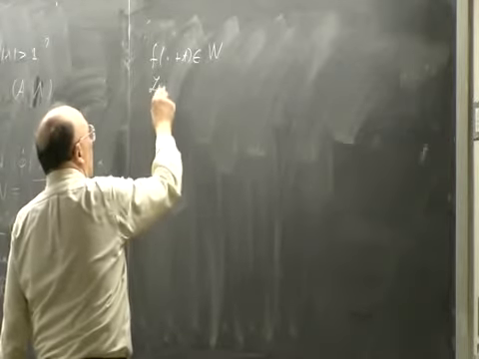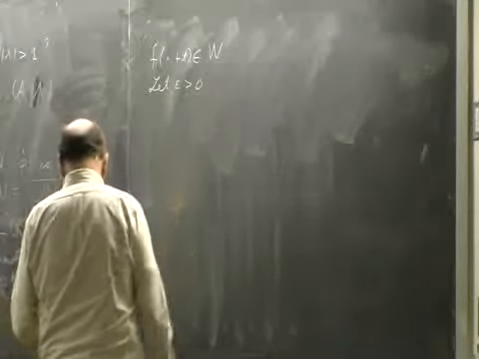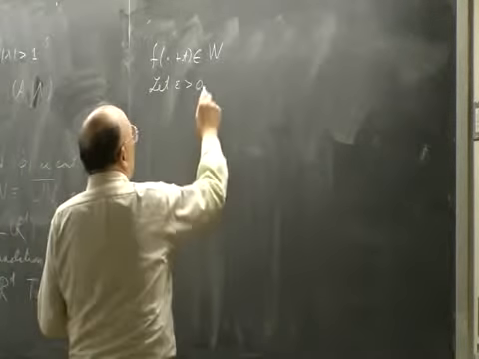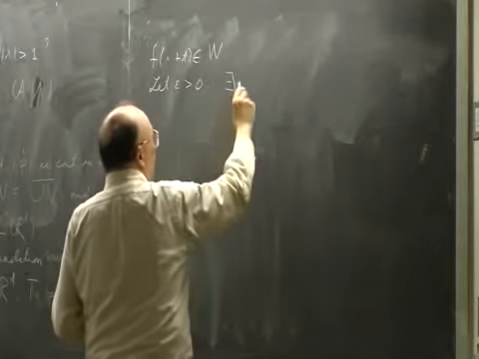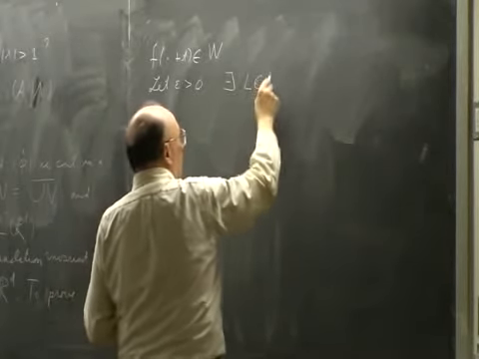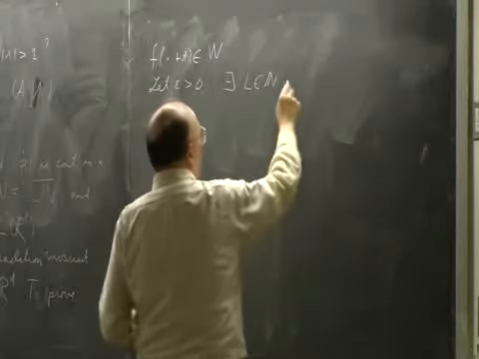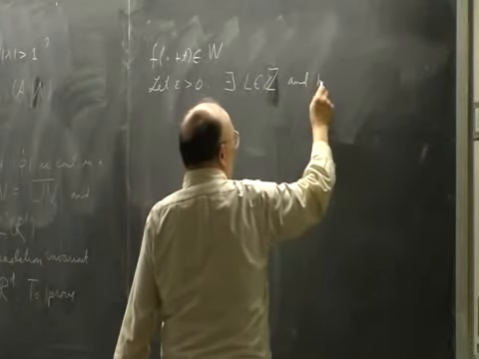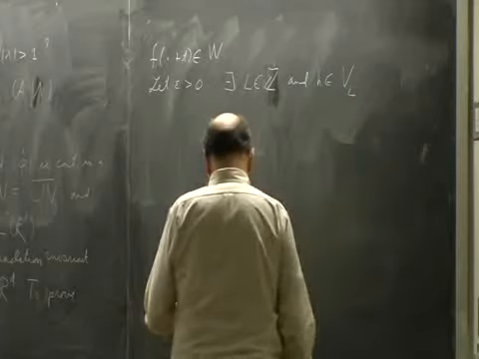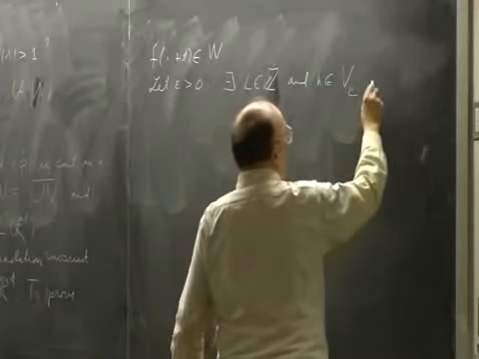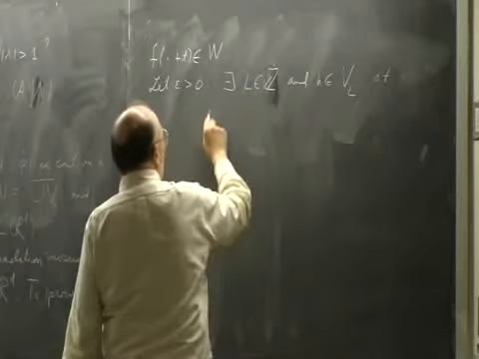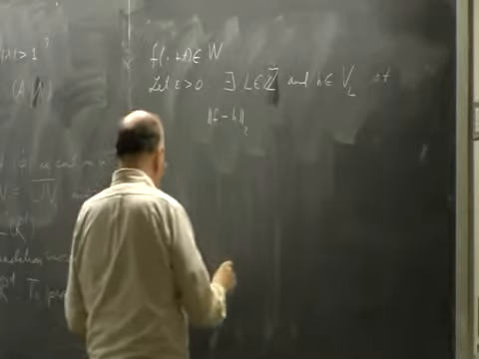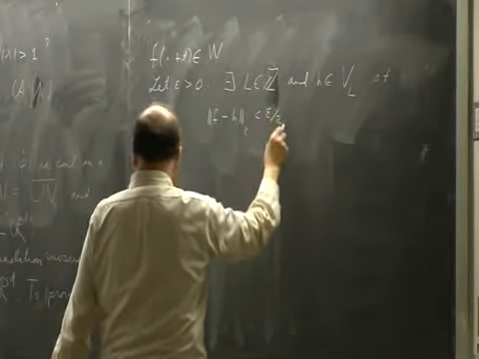So let epsilon bigger than 0 be given. There exists an integer L and a function h in V_L such that the L2 norm of f minus h is less than epsilon over 2.